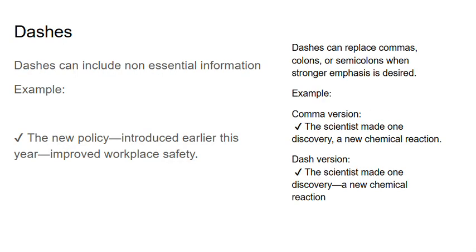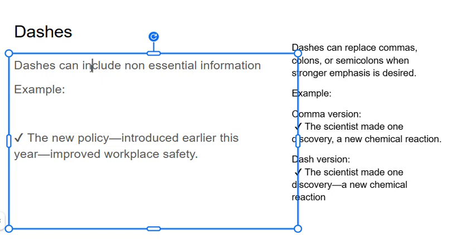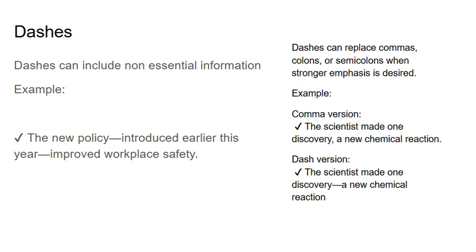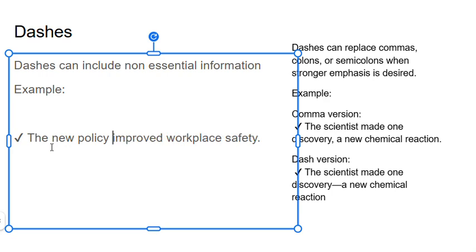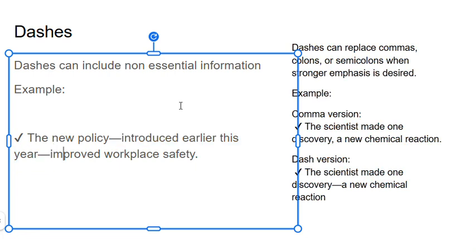Almost done here, guys. Then we have dashes, which can include non-essential information. What I mean by this is, if I just deleted it, the sentence is still correct. The new policy improved workplace safety, right? So that's just non-essential information.